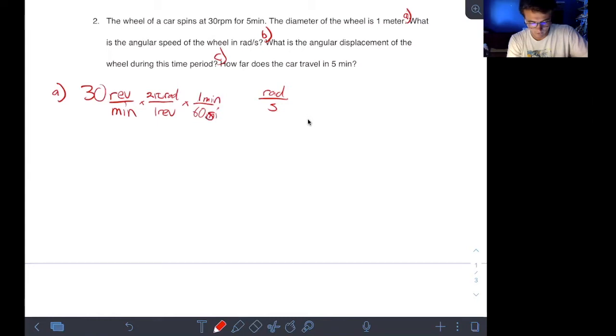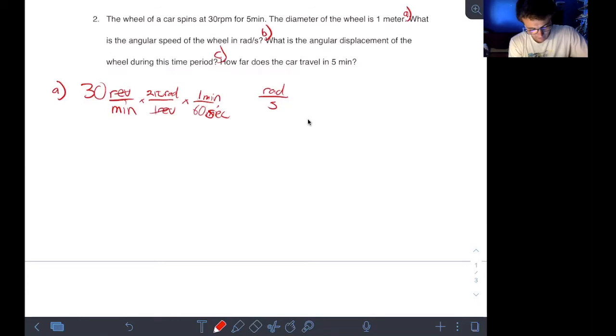So then everything cancels out, and that gives us 3.14 radians per second. That's perfect. That gives us our angular velocity, 3.14 rad per second. Awesome. That's part A.